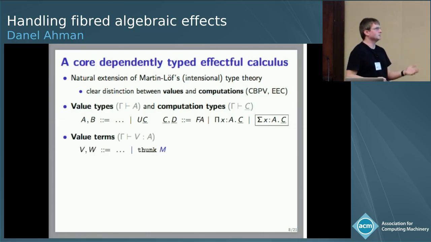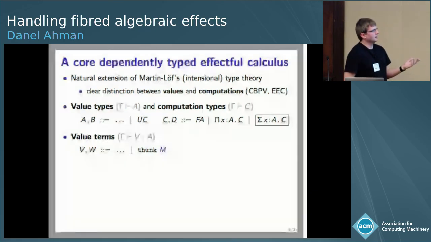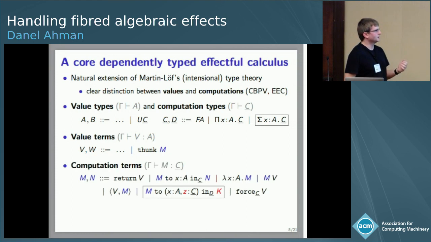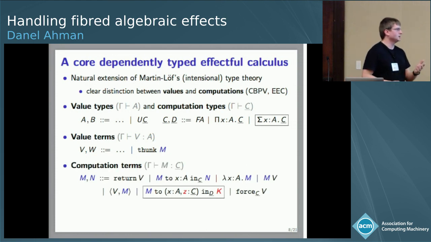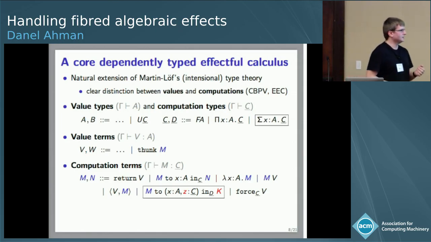And then you have value terms. It's your usual Martin-Löf type theory terms plus an explicit thunking construct. You have computation terms, which are mostly usual: returning values, sequential composition, lambdas, and so on. And in addition, you have the introduction and elimination rules for this computational sigma type.